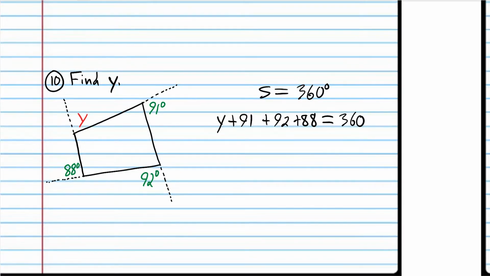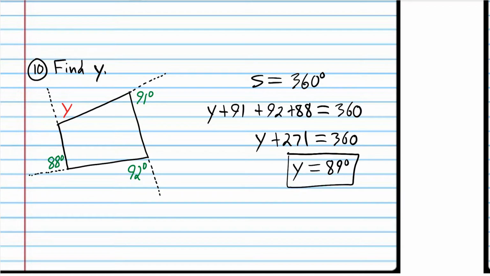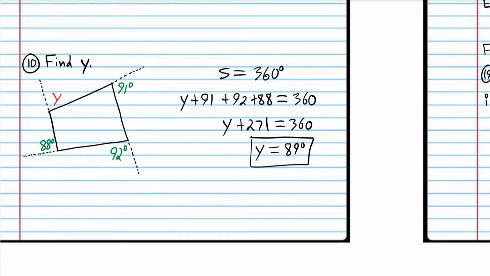So you can use your calculator if you want. 91 plus 92 plus 88 is equal to 271. And then subtract 271 from both sides. And we get 89. So y is equal to 89 degrees. If you got that one right, excellent.